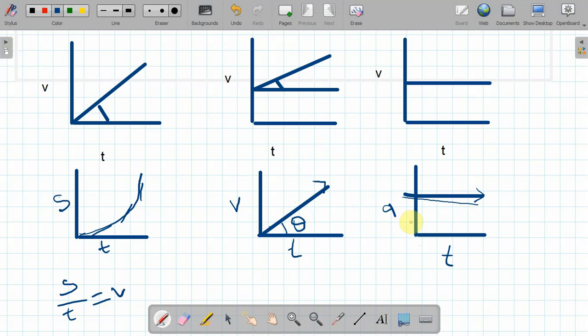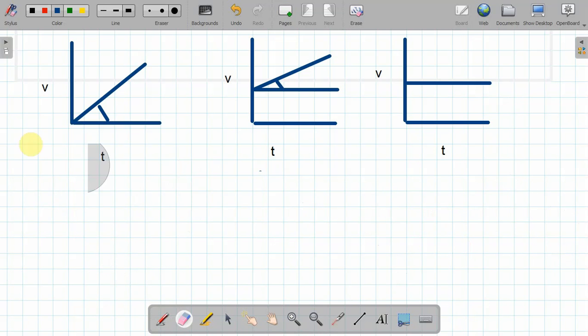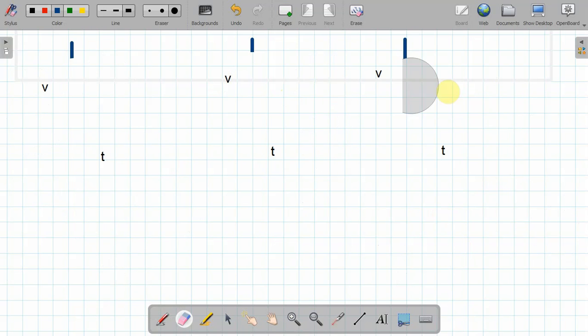So friends, I hope you have understood the concept of the equations of motion, and you can apply it for solving problems either through the graph, or directly through the equations of motion in numericals. So one simple numerical I am going to show you. Suppose a particle is moving with an initial velocity of 10 meter per second.